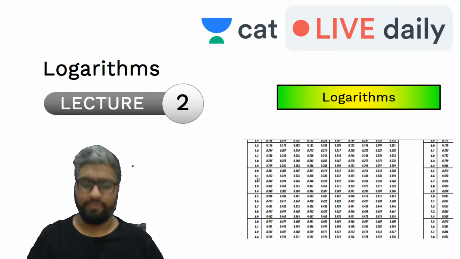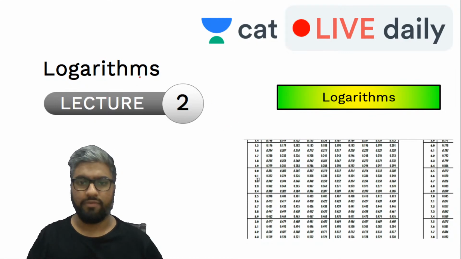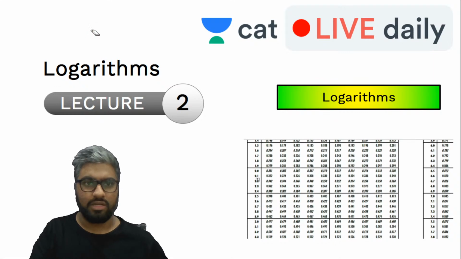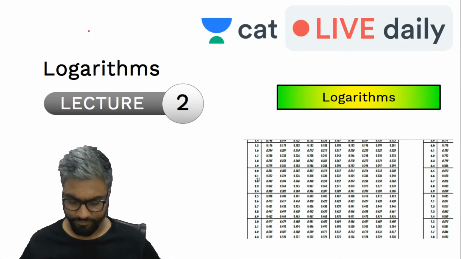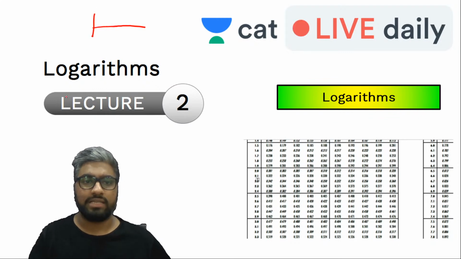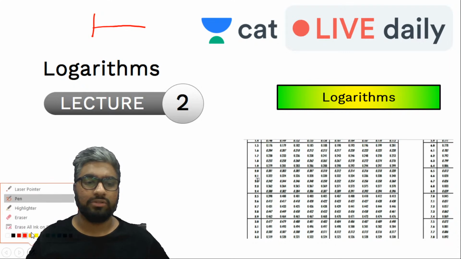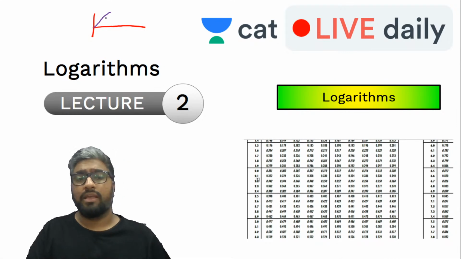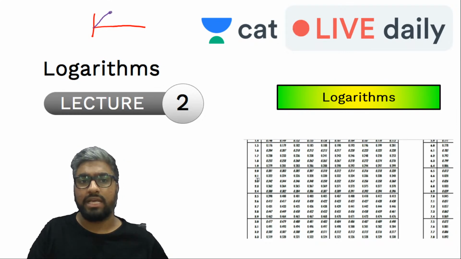Usually what happens is the learning graph of a lot of CAT aspirants looks like this. They start off with a very good enthusiasm. They start off with the basics, of course, and in the first month is when they reach their peak.